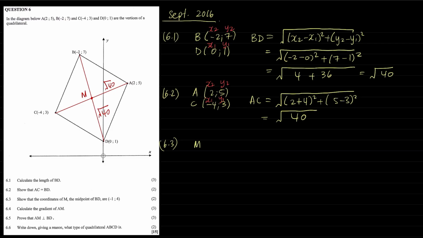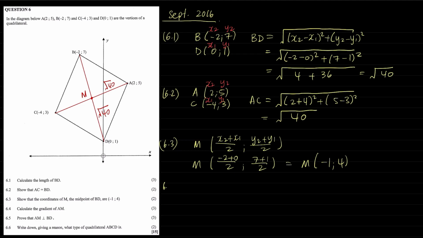So M is going to be x2 plus x1 over 2, and then y2 plus y1 over 2. Now we just substitute. You have minus 2 plus 0 over 2, and 7 plus 1 over 2. That simplifies. M is therefore minus 1 and 4.